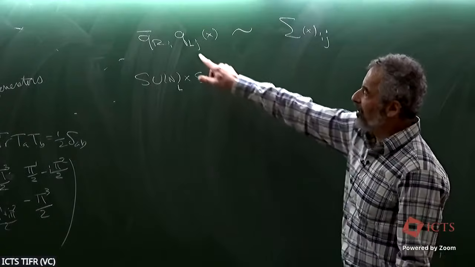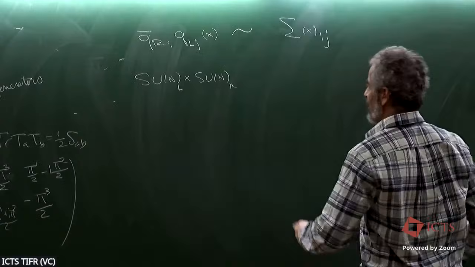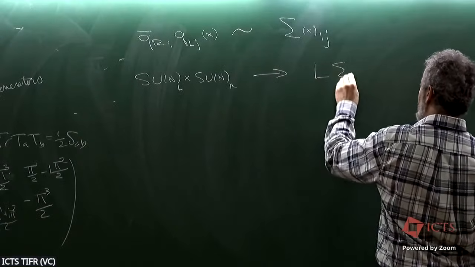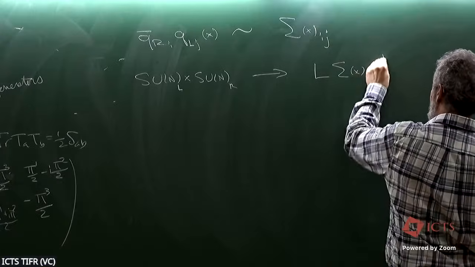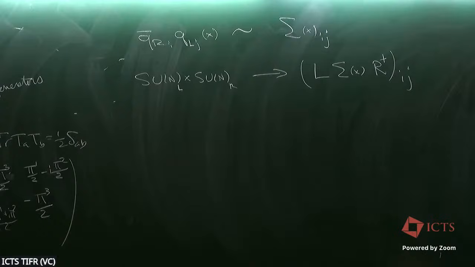Well, we just multiply this by a constant L and this by a constant R dagger. So that goes to L sigma of X R dagger IJ.